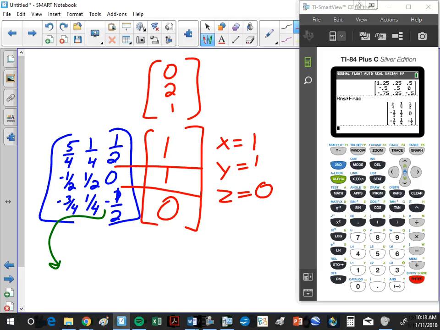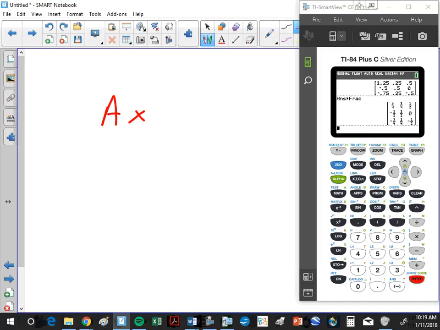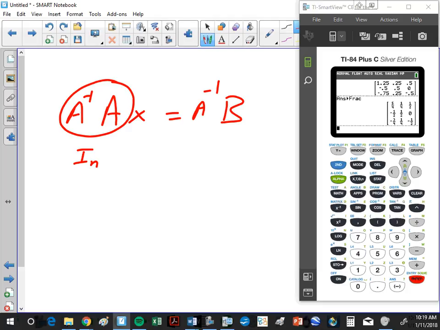And remember, the rule here is if I take AX equals B, and I want to solve for x, I take the A inverse of both sides, and this turns into I sub n, depending on how big your matrix is, times x is equal to A inverse times B, but I sub n times x is just x.